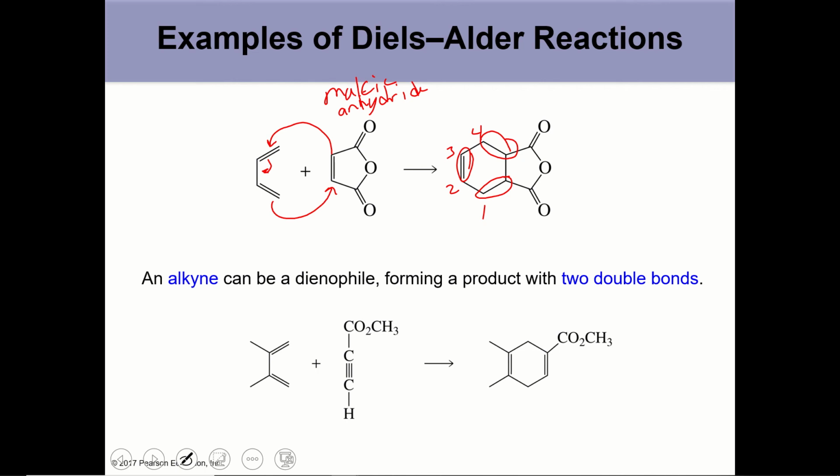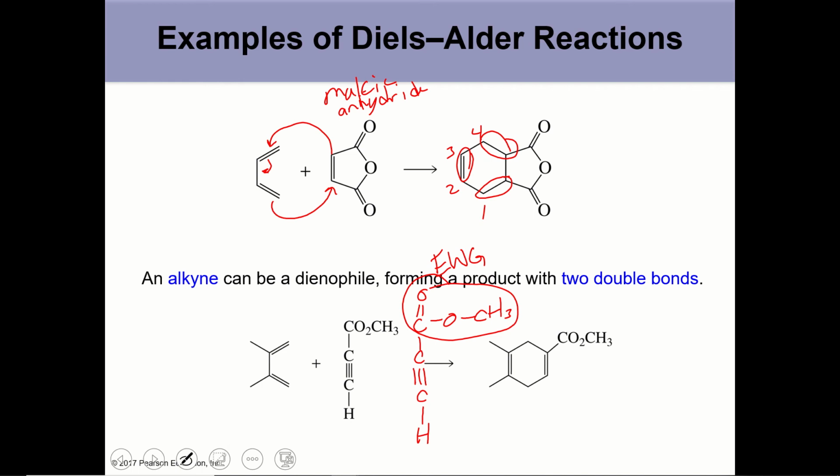For our alkyne, we have a CO2CH3 group. If you draw that out, that should be C double bond O, single bond O, CH3. And then we have our C triple bond C to CH. Now this is the electron withdrawing group, what we call EWG, electron withdrawing group.